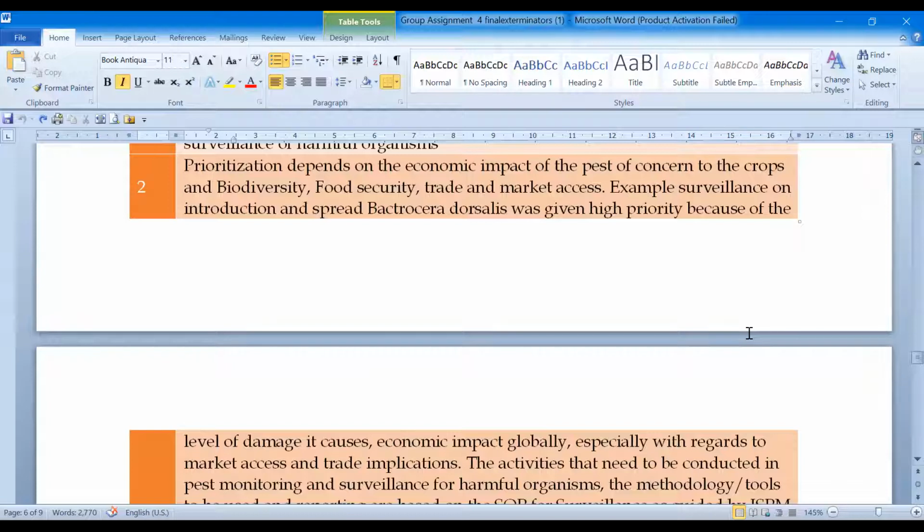Okay, yeah, but basically, looking at all the presentations from others, it does look like most countries do follow the guidelines as presented by IPPC.